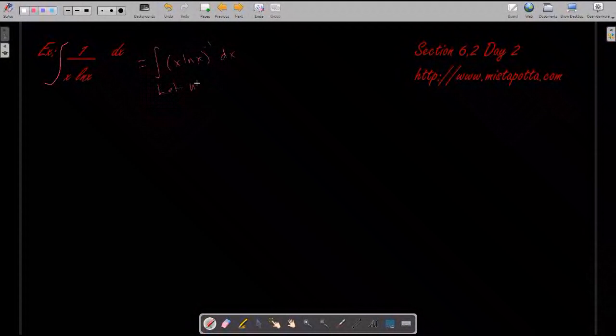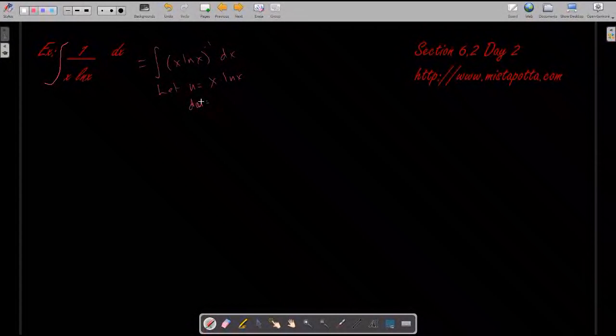If I let u be x times ln x, then for my derivative, I end up having to use a product rule. And when we go to section 6.3, we'll talk about how we deal with product rules, but this is not the method to deal with it.